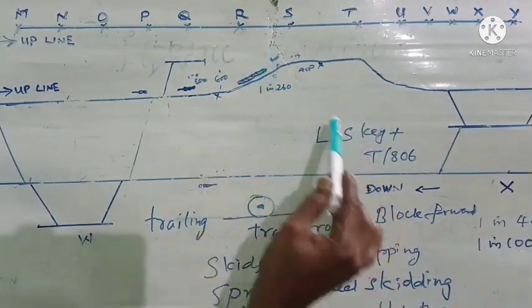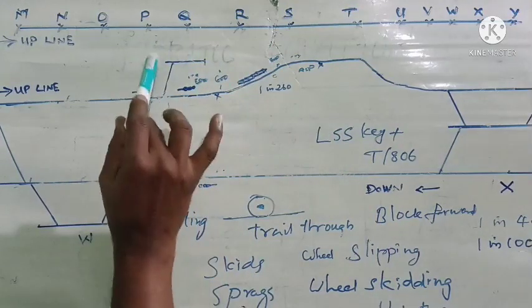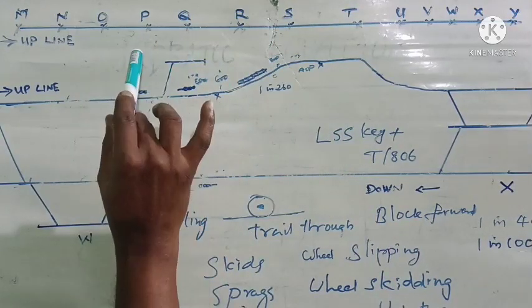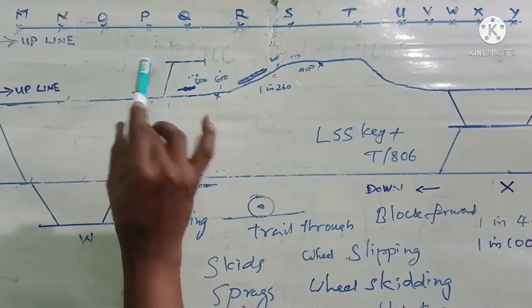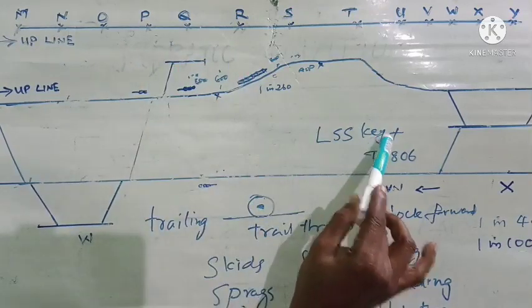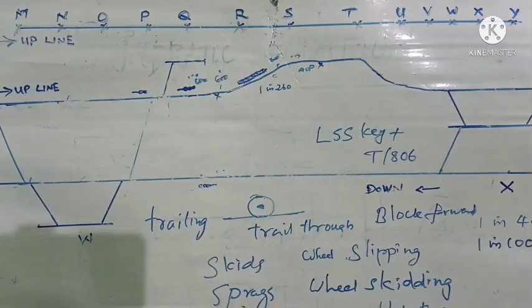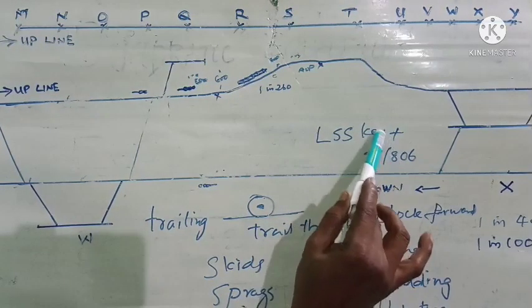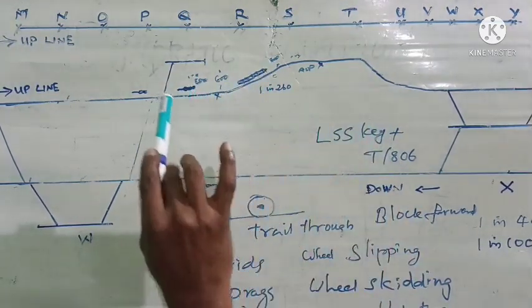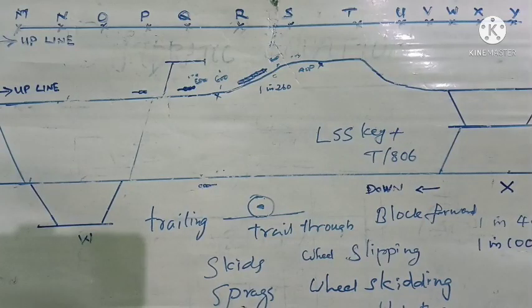LSS key is a key extracted from the station. A Hepper's instrument will be there at the station. From that a key will be extracted and it will be given to the loco pilot. So these two are to be given as authority to block forward.